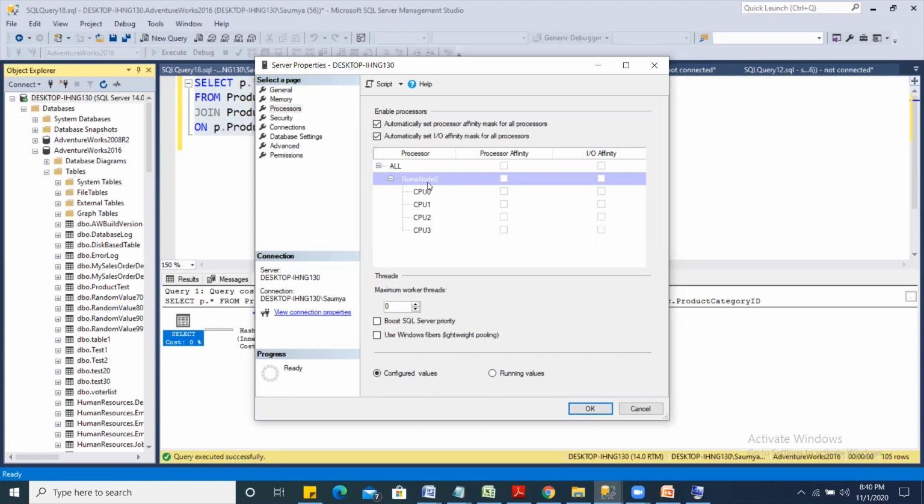What is the best practice? Under each NUMA node, it means under each socket, you should not have more than 8 processors, right? You should not even have more than 8 logical processors. You will see in many environments that under a single NUMA node, 16 processors are there, right? Those 16 processors come under a single hard NUMA node. Your socket refers to a hard NUMA node. Starting from SQL Server 2016, you can create soft NUMA nodes also in SQL Server.